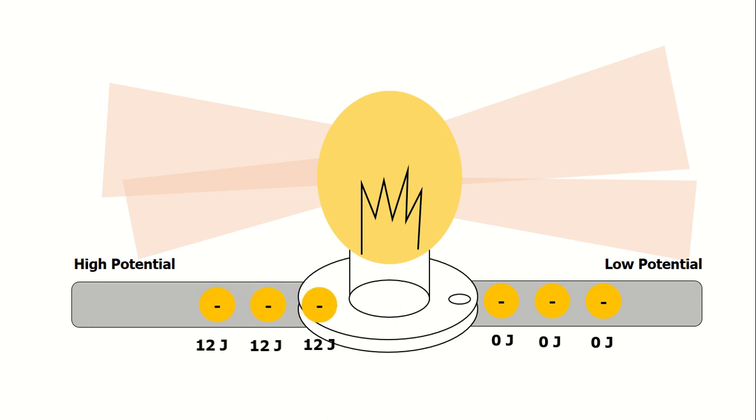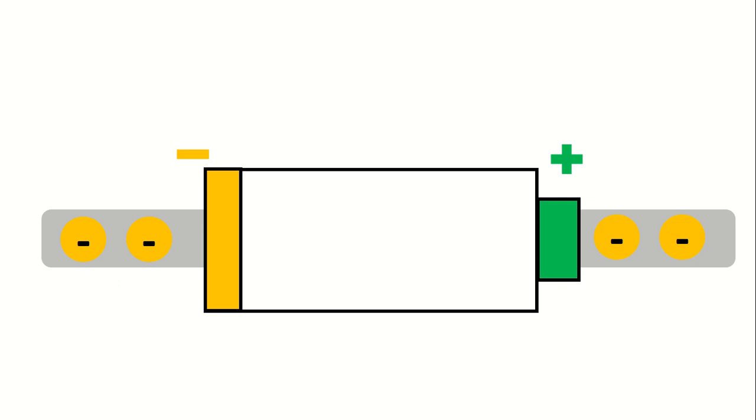If all electric energy is transformed to light, the charges lose their 12 joules of energy after passing through the filament of the bulb on the way to the positive terminal. To keep the light bulb on, a continuous supply of charges is needed. Hence, the battery needs to maintain the potential difference of 12 volts between its terminals for charges to keep flowing.